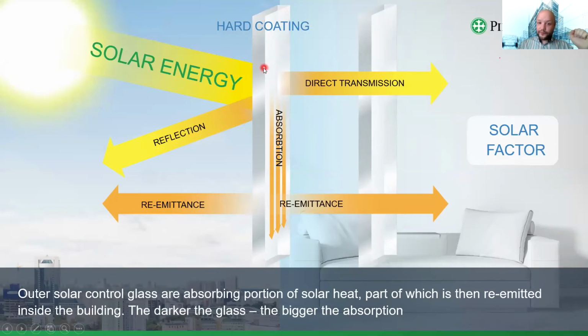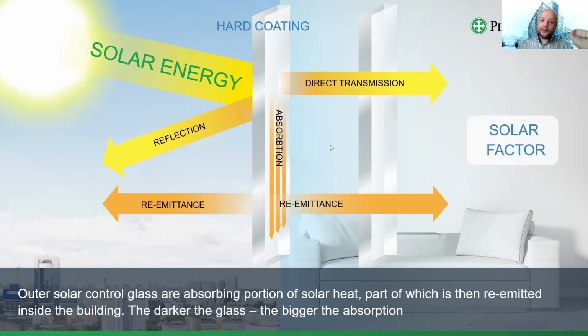But some portion of the solar heat is absorbed by the outer glass and then re-emitted in both directions. So the sum of these two energies is the solar factor. Solar factor is how much heat is getting through the IG unit inside the building, in percent.